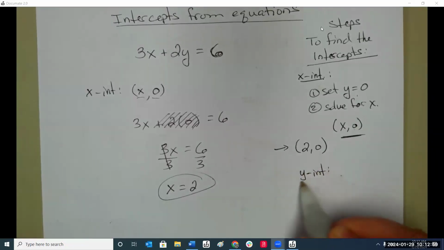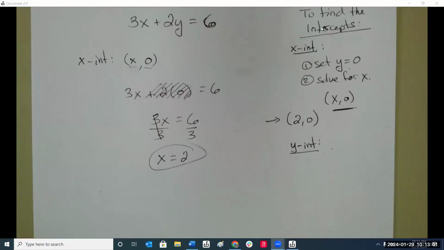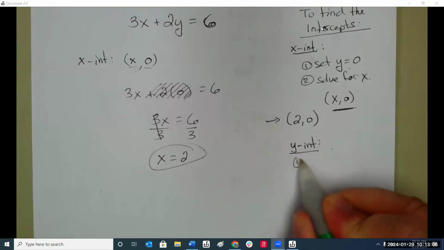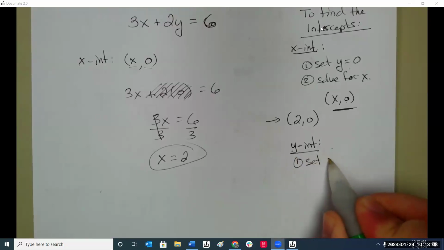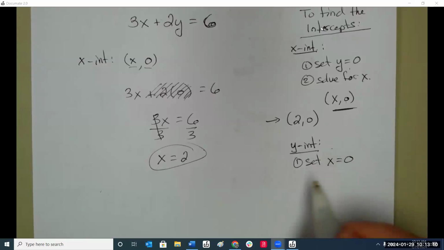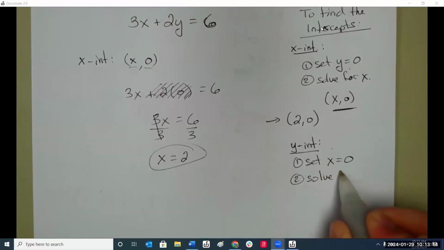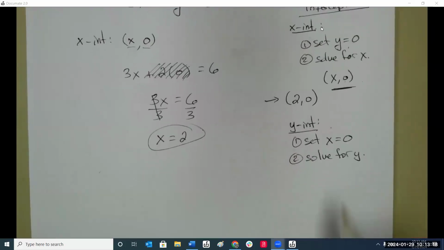To find the y-intercept, what do you do? Set x equal to 0 and solve for y. What you want is (0, y).